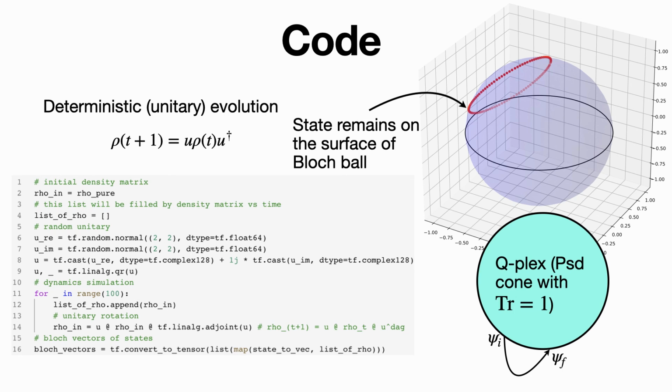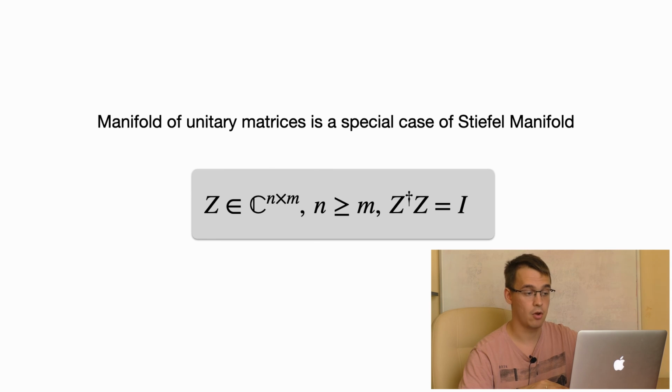Unitary matrices that describe deterministic transition in the quantum case are very important in quantum technology. And fortunately, unitary matrices form a smooth manifold that is a special case of the so-called complex Stiefel manifold. That's it about quantum dynamics, and thank you for your attention.